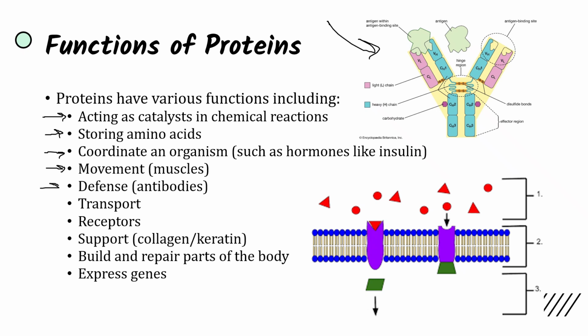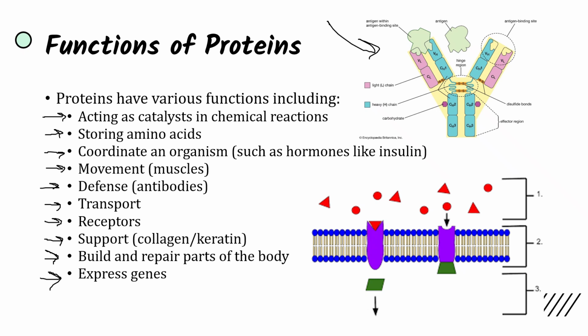We've got transport of things between cells, as well as transporting signals between cells that can then be received by proteins, allowing for the transport of items through the cell membrane. We have structural support such as collagen and keratin. We have building and repairing parts of the body. And lastly, we have expressing genetic information.